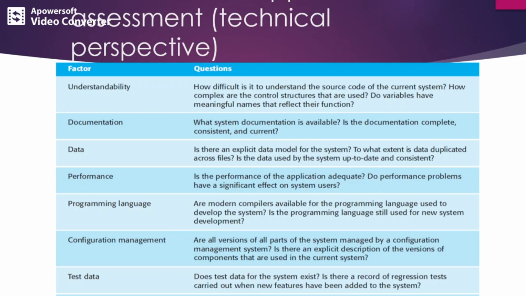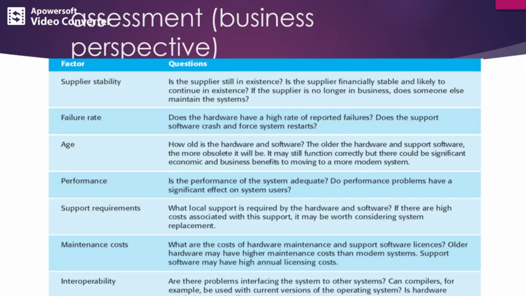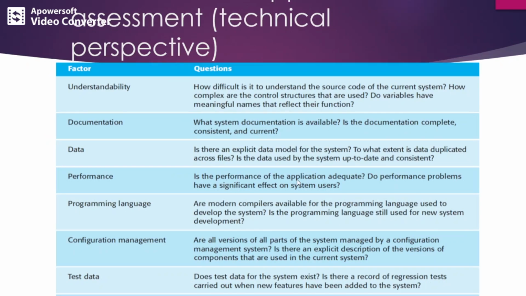As I've told previously about the performance of the hardware, whether performance of the system is adequate, you can see here, isn't it? Here we are seeing whether the performance of your app is adequate or not. Do performance problems have a significant effect on system users? Do the performance problems which are there have a significant effect on system users?